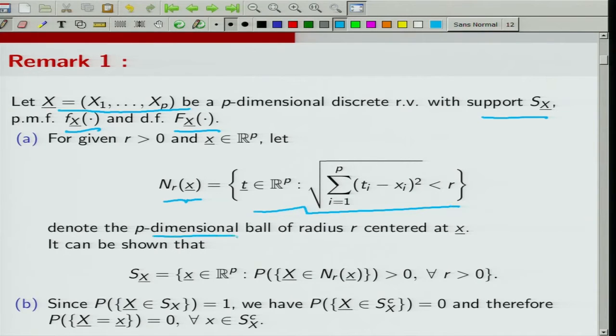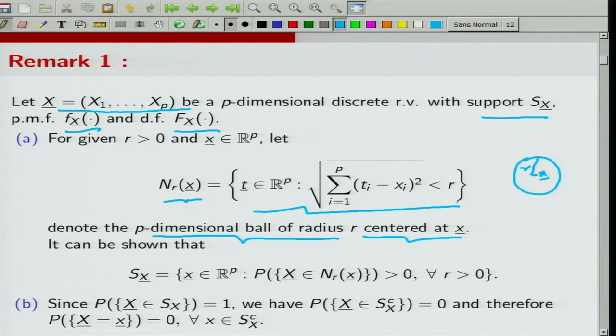Now, this is a p-dimensional ball of radius r centered at x. For example, in the 2-dimensional case, it would be the interior and boundary of this circle, which is centered at x and has a radius r. So, this is the case of p equal to 2, because this is the interior of a circle, and in general in p dimensions it would be a ball of radius r centered at x.